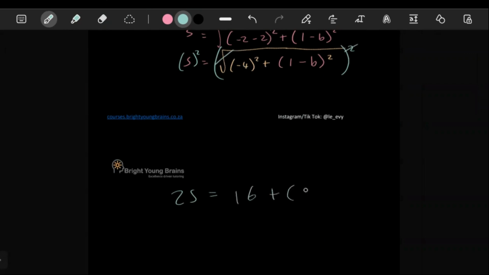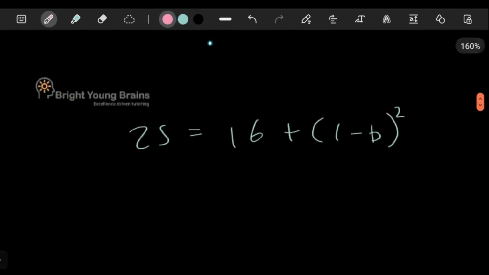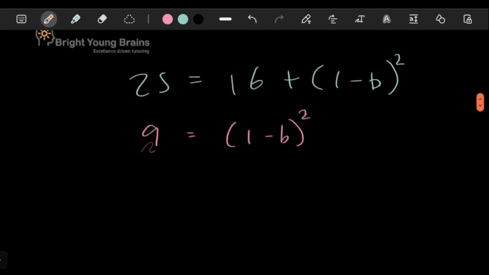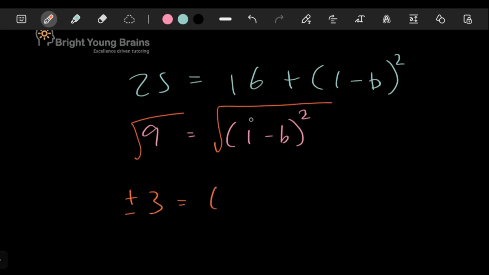The reason why I say don't remove the square is because you can still just work it out like that. 25 minus 16 is going to be a 9. Now to get rid of the square, you need to square root both sides. But be careful to make sure that your answer has plus or minus. Otherwise, you will only get one value for b, which is not necessarily true, you see.